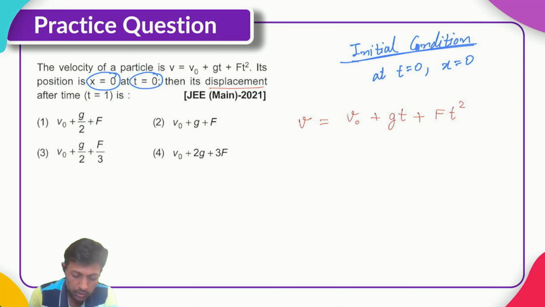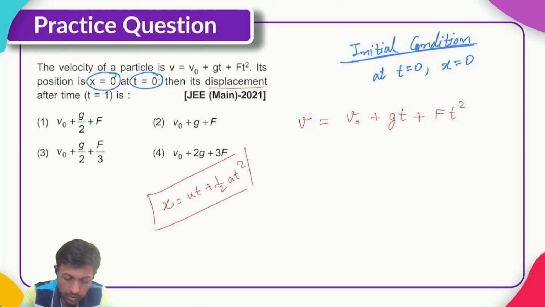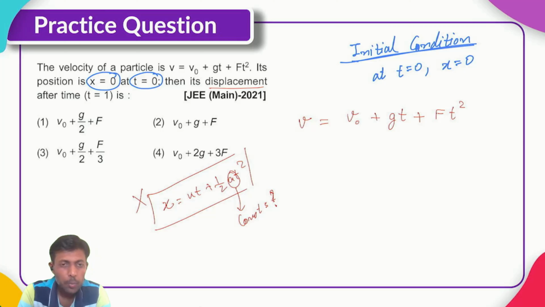Well, one could say that x is equal to ut plus half at squared. But remember, this equation was valid only when acceleration was constant. In this question, do we know that acceleration is constant? We don't. So we cannot apply this. What to do now?